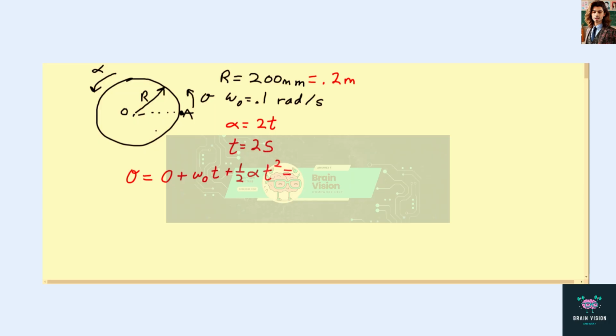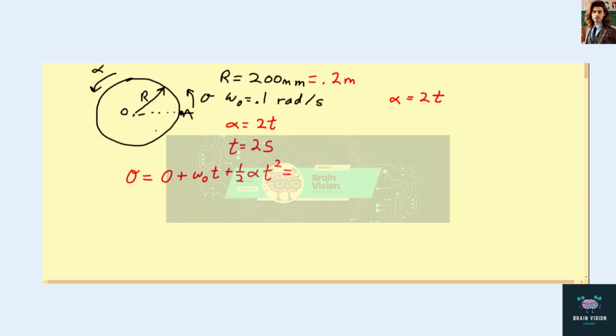Instead of being the equation shown, we're going to have to use a little bit of calculus because this is only good for a constant acceleration. So instead of this, we actually are going to have to do a little integral. So to start with, we say, well, the angular acceleration just simply equals 2t.